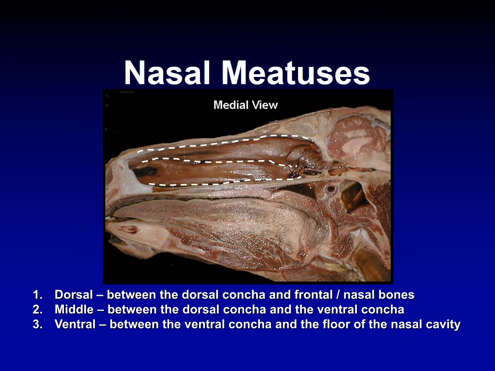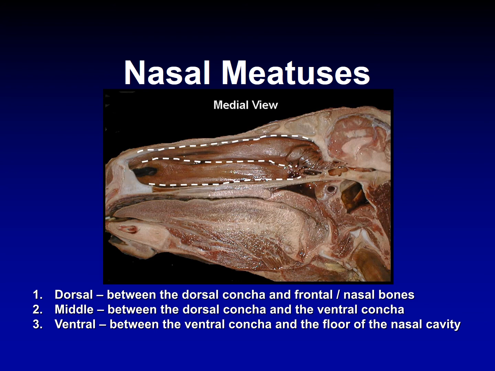This is a picture of the nasal meatuses. We have the dorsal, middle, and ventral. The dorsal nasal meatus is located between the dorsal concha and the frontal and nasal bones.